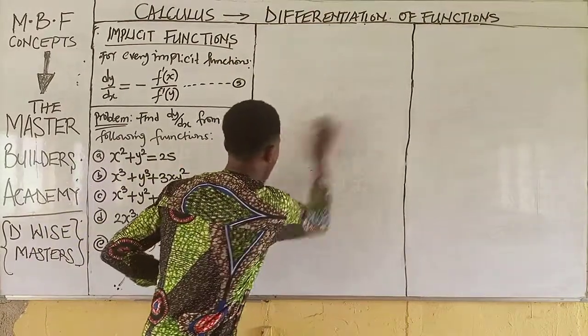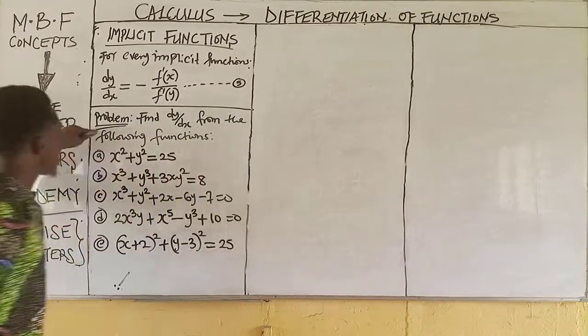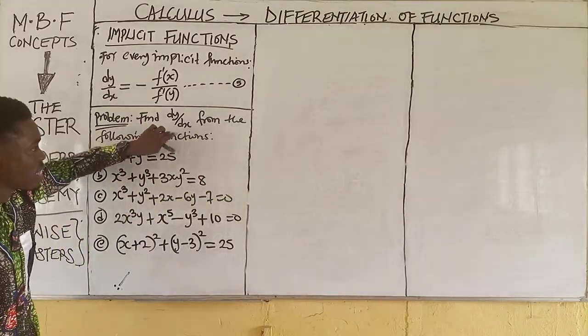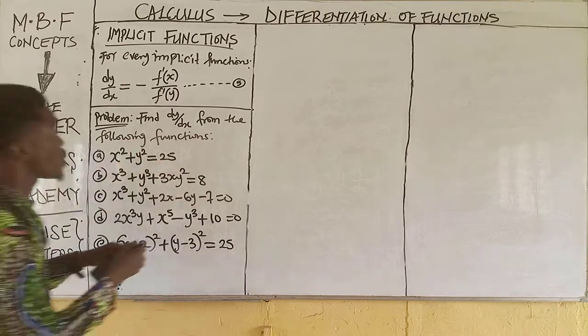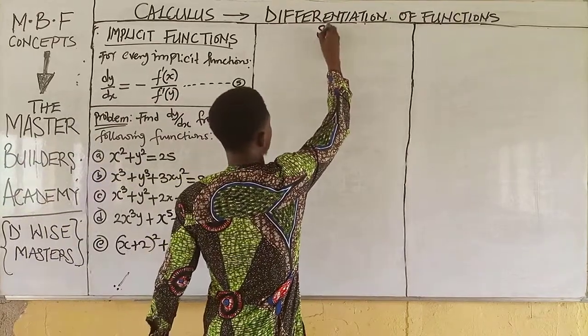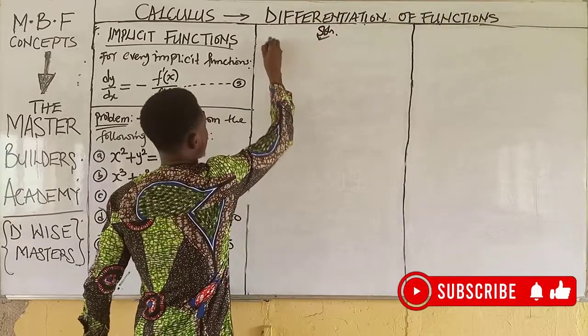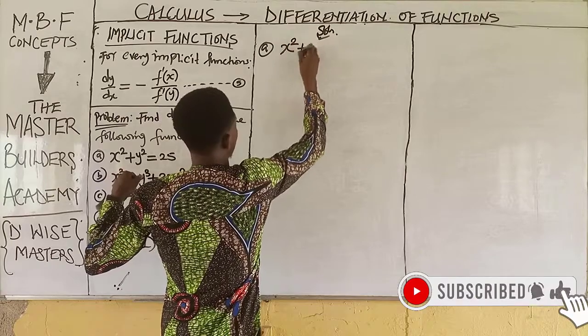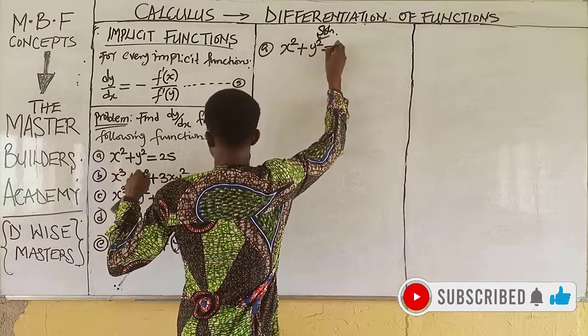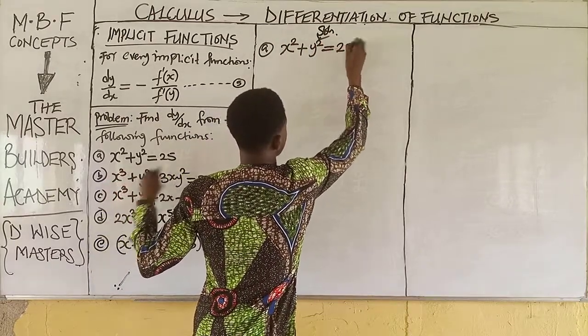On the board, we have a problem. We are asked to find dy over dx from the following functions. And the first function we have, this is our solution. We were given that x squared plus y squared is equal to 25.